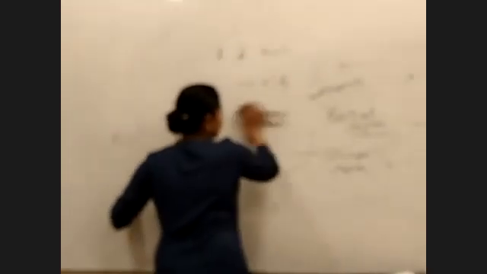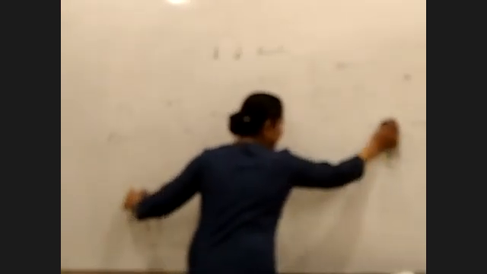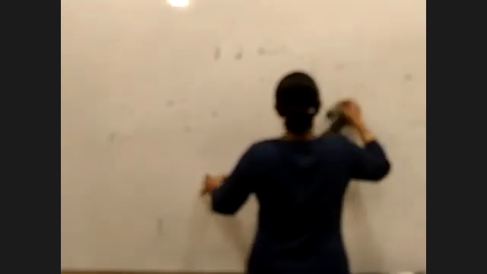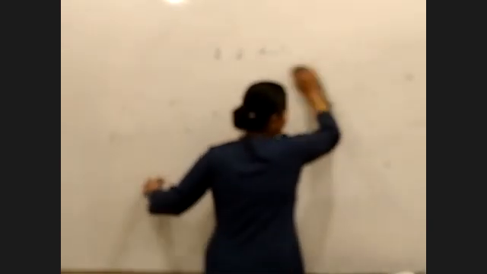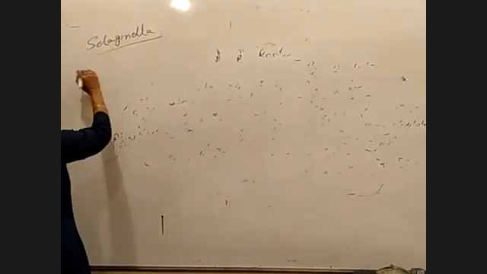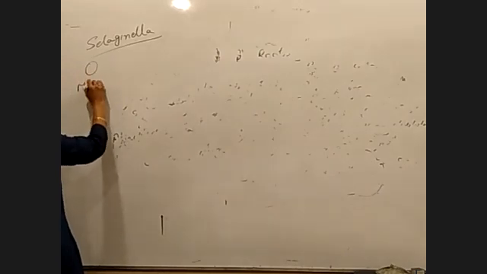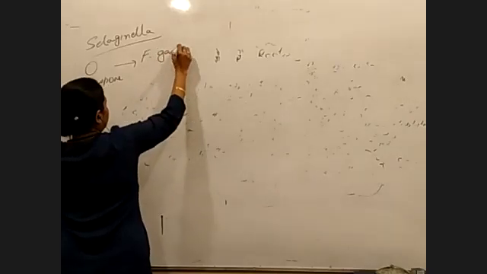Ma'am, can you repeat it again? Yeah. The point is, we are talking about the female gametophyte in case of Selaginella. The female gametophyte will contain the sex organ, archegonia. Selaginella is heterosporous, so the megaspore forms the female gametophyte.